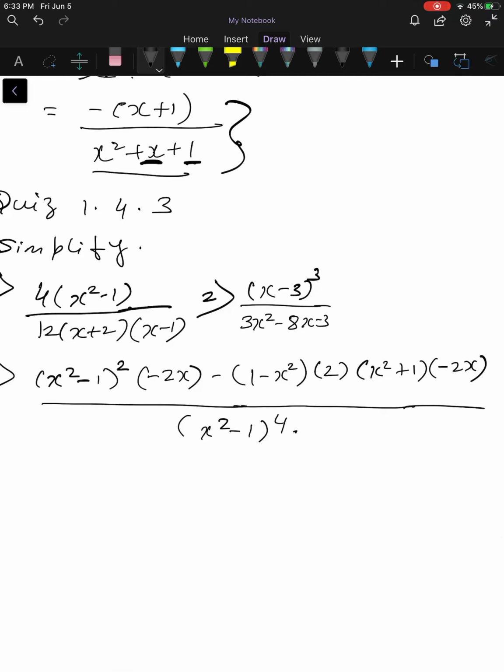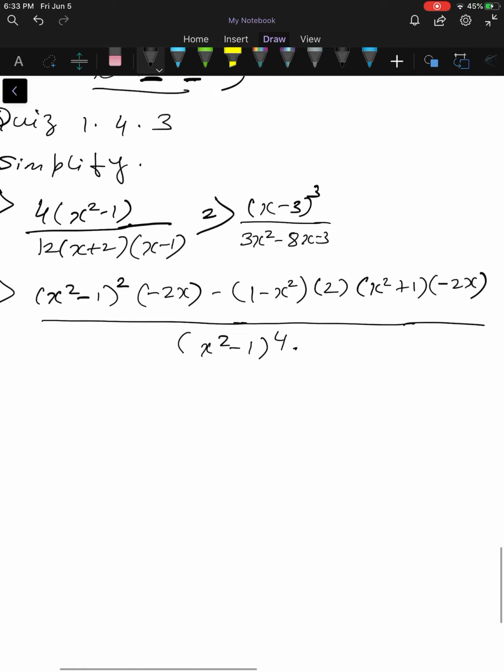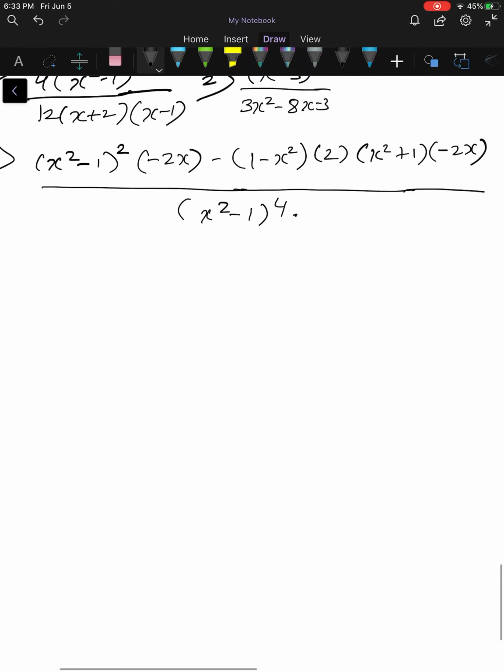Okay, moving further, we learned about factoring rational expressions and cancelling out common factors. Now we shall learn how to multiply and divide rational expressions. First, we shall learn the process of multiplying rational expressions.